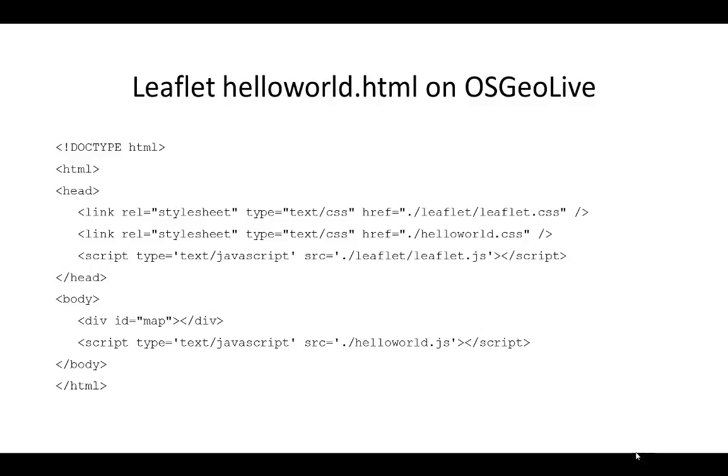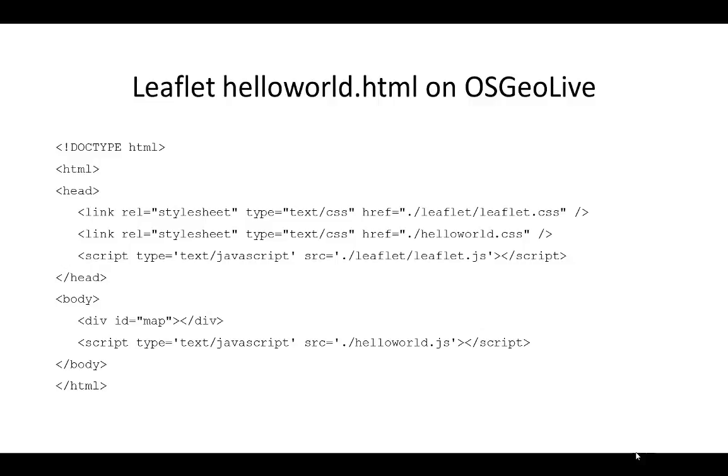Now, the script tag that draws the map has to be defined after the division in the web document. Otherwise, there's an error thrown, if I remember correctly. And that is why this script is under the div in the body rather than up in the head.